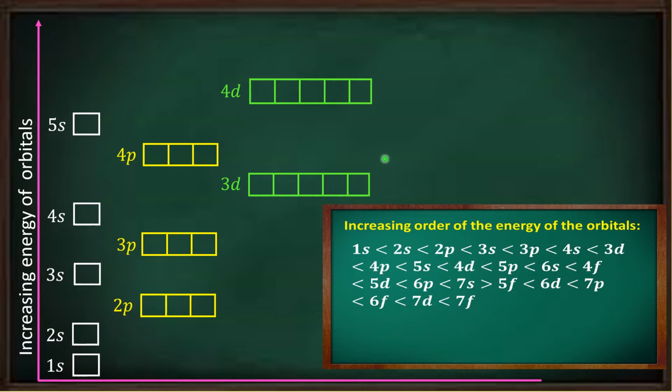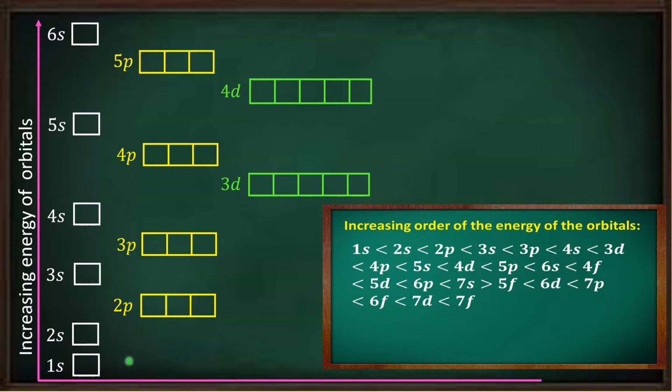Next, 4d. 5p. 6s. Like that, we can arrange all these orbitals in this manner only. Okay, so I'm not going to arrange all these orbitals in this manner because I'm going to write the electronic configurations of the first 20 elements only, and this much arrangement is enough for them.